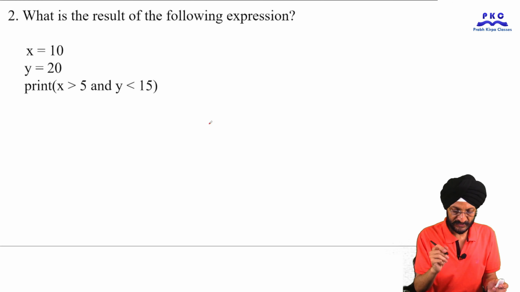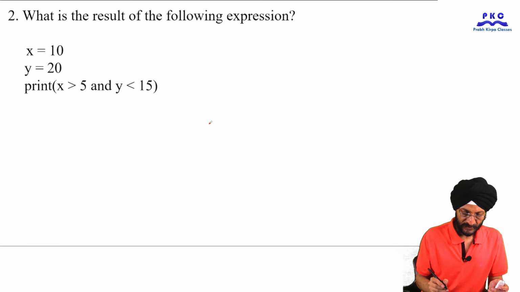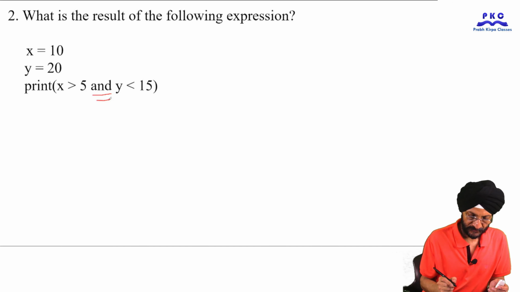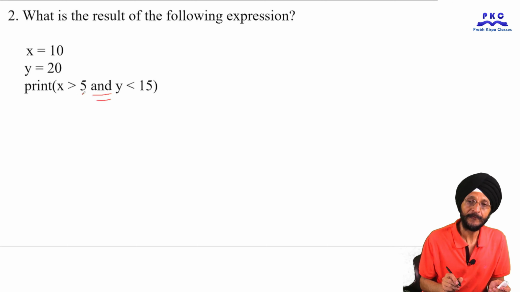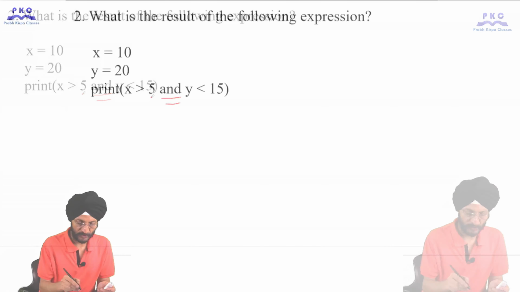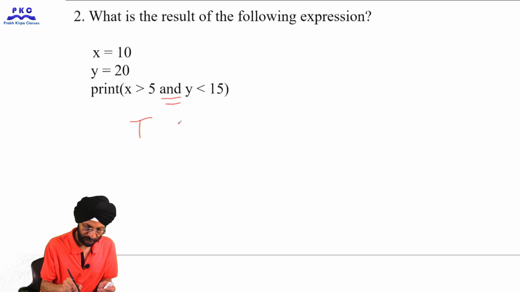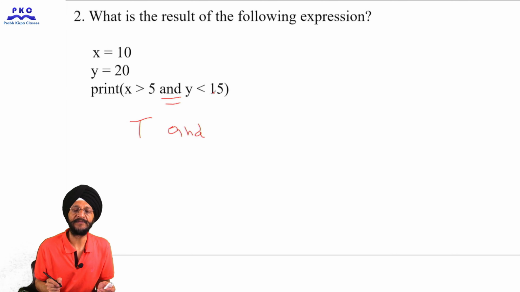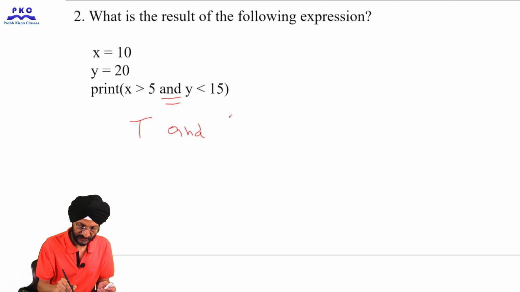Next is, what is the result of the following expression? Here the AND operator has been used. What is given? x is more than 5. Naturally, x is 10, so it is true. And y is less than 15. Y is more than 15, so here it is false.